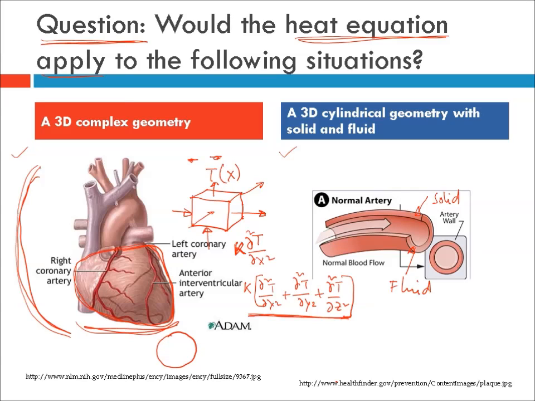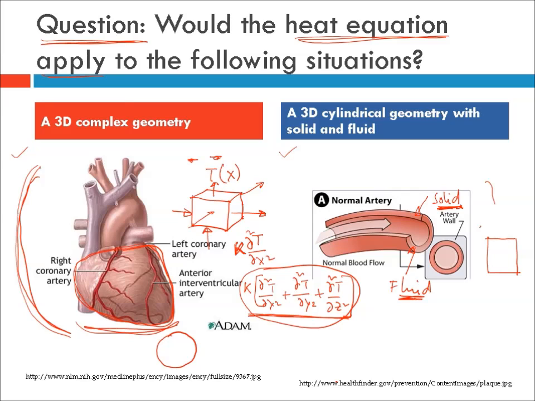Okay, in this one, again, you have a solid domain and a fluid domain. So in the solid domain, of course, the one difficulty we're going to have is this equation is in Cartesian coordinates, which works well if the geometry looks like that.